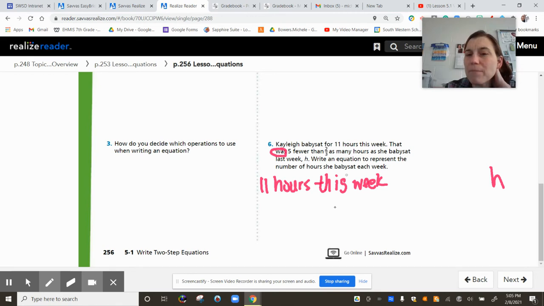So this is 5 fewer than, or less than, well, not just H, but 2/3 of what she did last week. Sounds like she did a lot last week. Sounds to me like she was babysitting not as much this week, but 2/3 of that. So 2/3 of that, or 2/3 as many, is a way to say that you're multiplying.